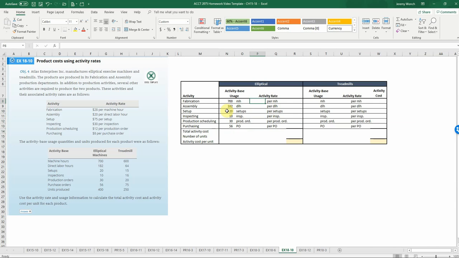For fabrication machine hours, we have $28 per machine hour. Then we have $20 per direct labor hour, $75 per setup, $30 per inspection, $12 per production order, and $8 per purchase order. So now we can just multiply these together.